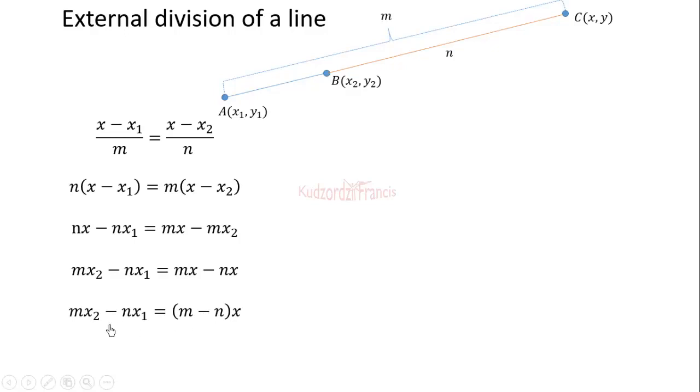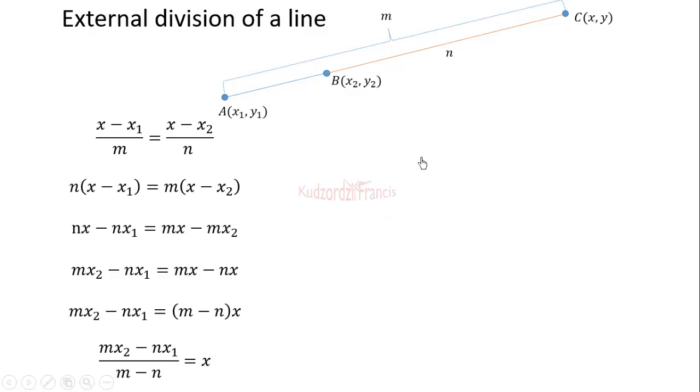Dividing through by m minus n, where m minus n is not equal to 0, then we obtain the formula x is equal to m times x2 minus n times x1 all over m minus n. So in this case, m is not equal to n because we'll get division by 0 in that case.